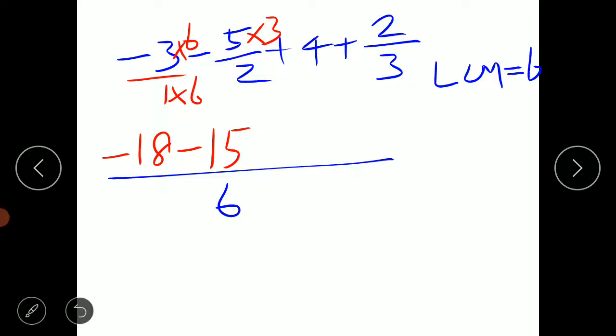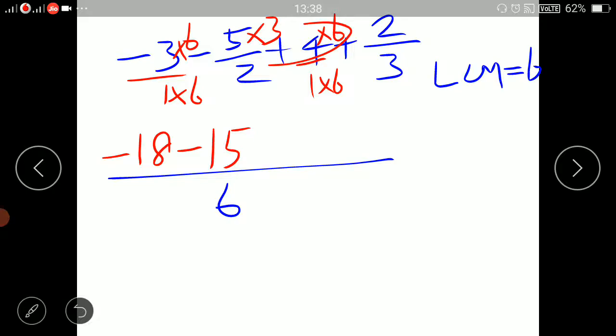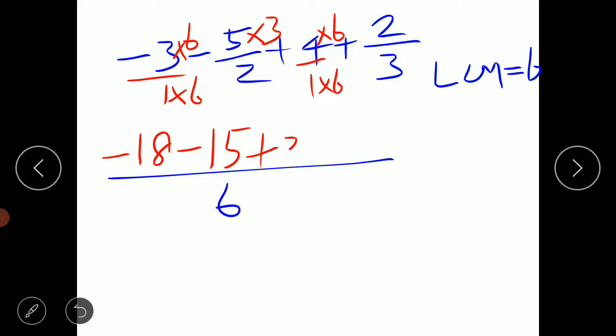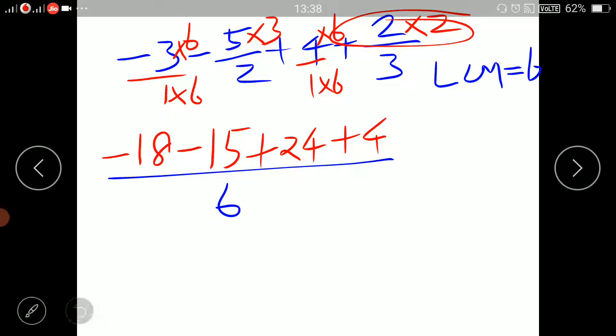Minus 5 into 3 minus 15, and here hiding denominator 1 as usual with 1 6, and here also 6. So 24, is it plus 24 only? So plus 24, and with 3 what to be multiplied to get 6? 2. So with that 2 you multiply the numerator, plus 4, is it? 2 2s are 4, plus 4.